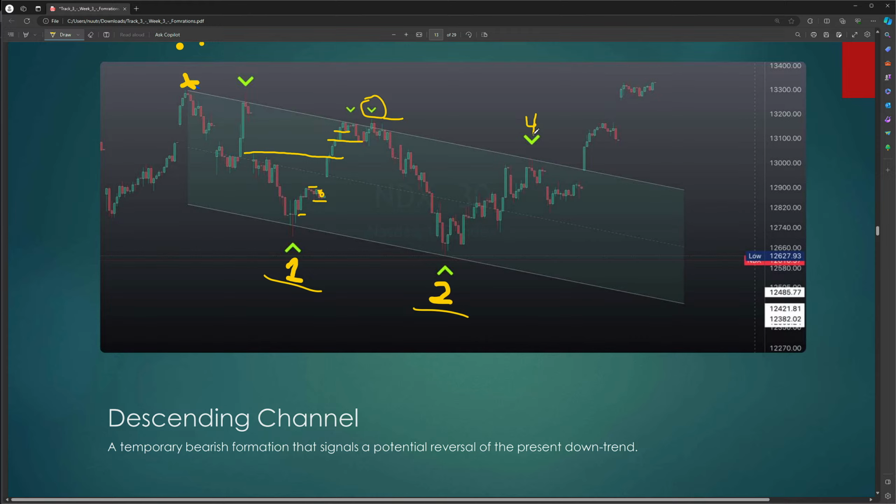True test number 4 will sometimes break out and continue, but it usually is test number 4 or test number 5. And that is the complete analysis behind the golden rule of 3. Your test number 4 or 5 are the most likely to have a breakout happen from this formation.